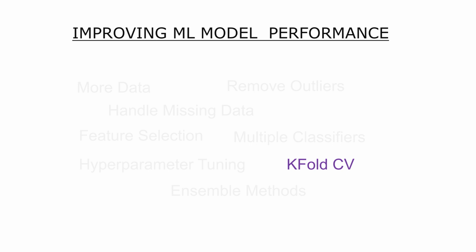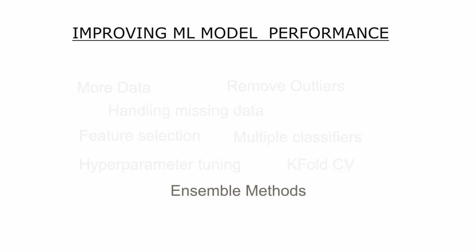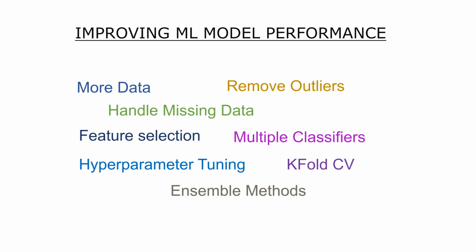K-fold cross-validation, when used, helps to reduce the issue of overfitting. And last but not least, we can also use ensemble methods. Ensemble methods work by using several classifiers, and sometimes the result you get is better than using the individual classifiers. So these are some of the strategies you can use to improve your machine learning model.